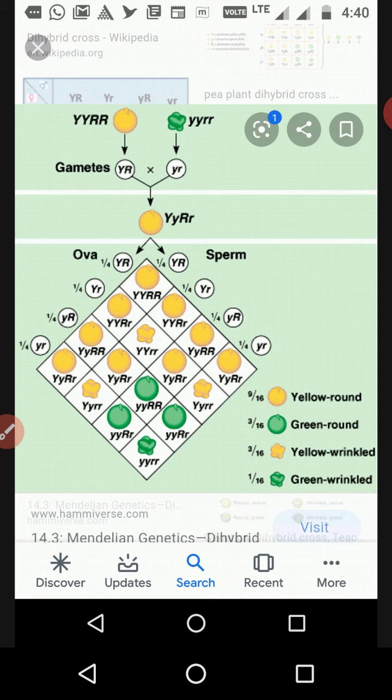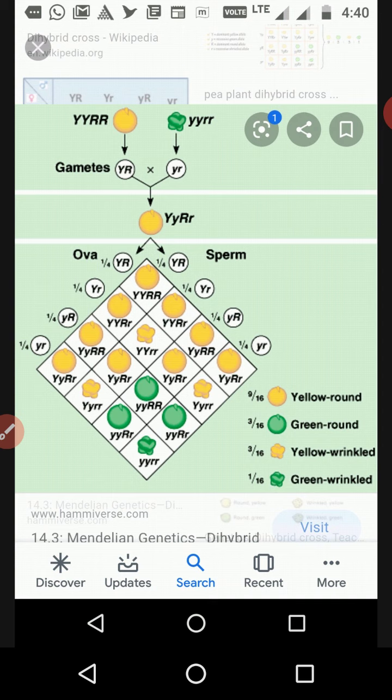In that combination, wherever capital letters are present, all the capital letters always show the dominant character. Clear, everybody?